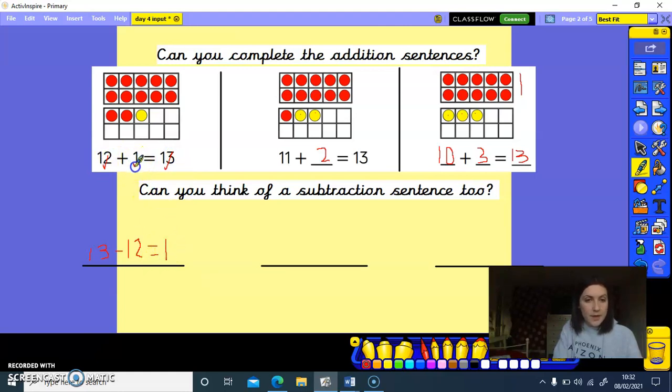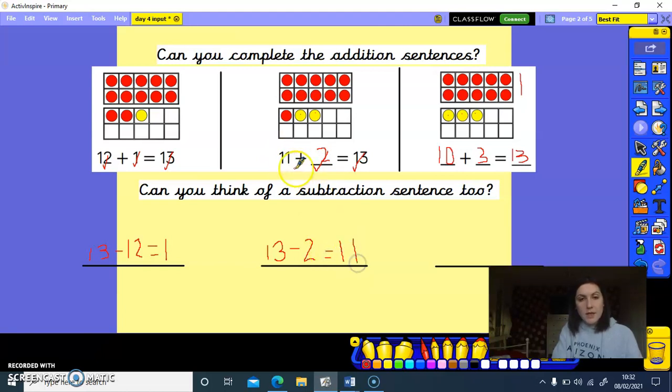Good job. Okay, this one here then, which number must go at the start of a subtraction sentence? The biggest, so that will be 13. Then what symbol do I need? My subtraction sign. Which number shall we use next? The 2, which makes this equal 11.